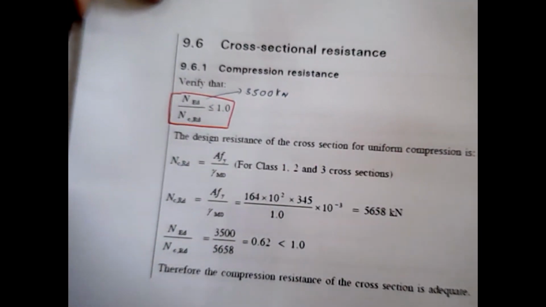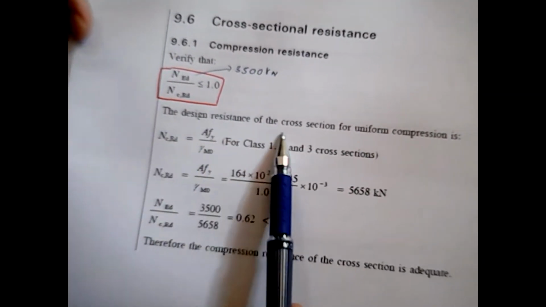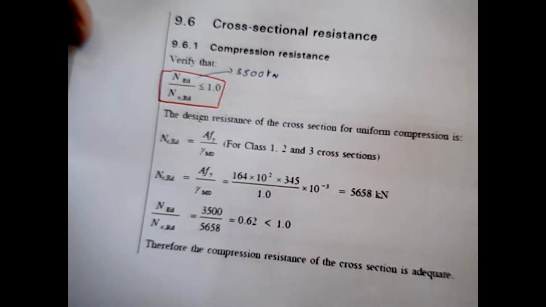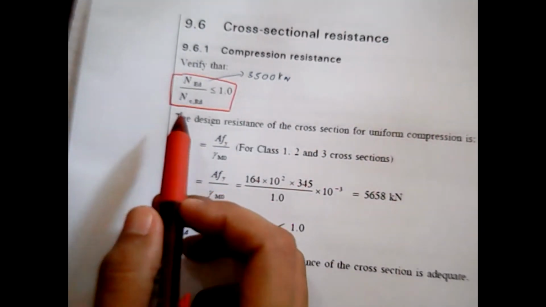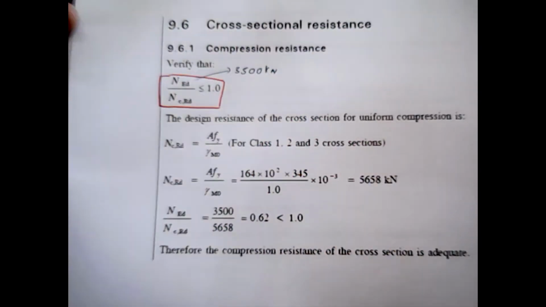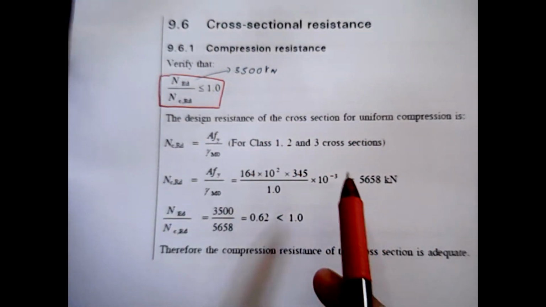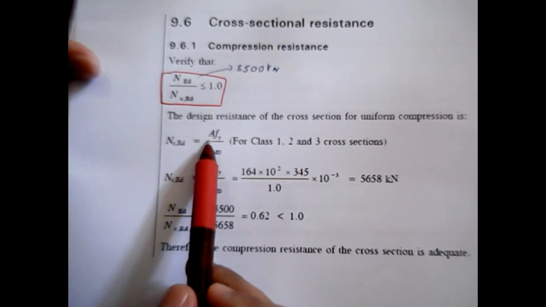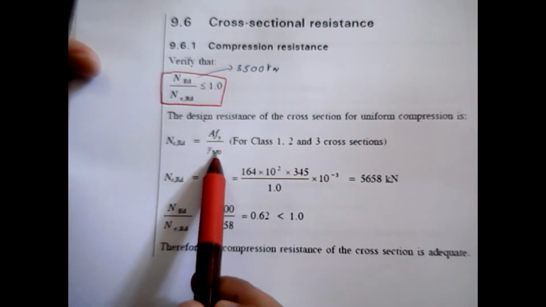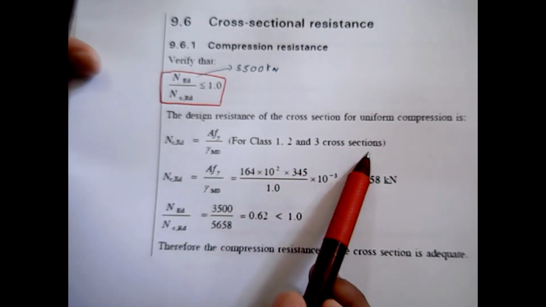Here, the design resistance of the cross section for uniform compression, NCRD, is given as A times Fy over gamma M0 for class 1, 2 and 3 cross sections.